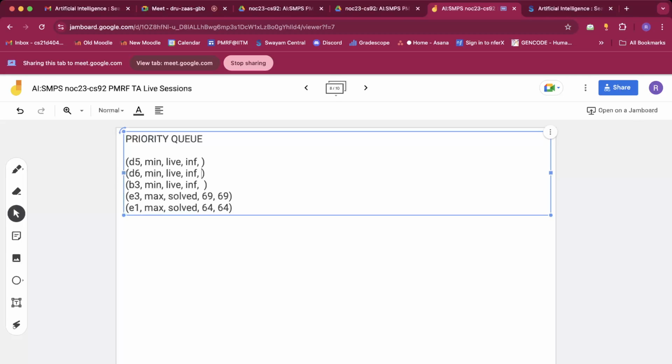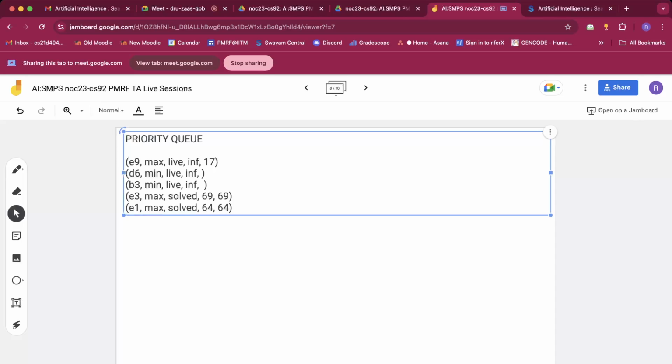Again, we'll pop D5 and add the leftmost child of D5, which happens to be E9. So this is a max node, live, and the bound will be 17.